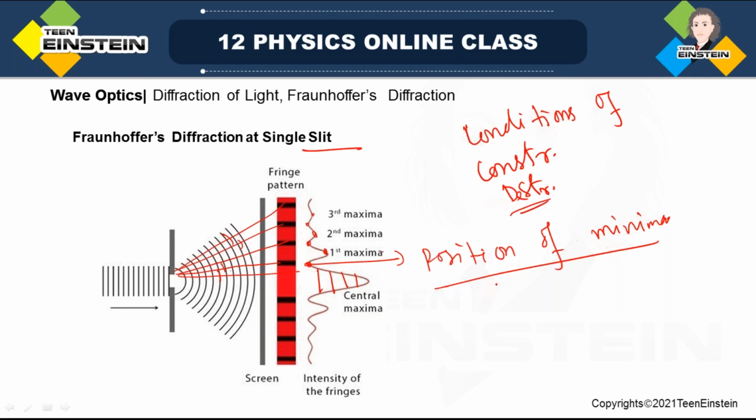Similarly here we will be learning what are the conditions for diffraction minima, and what are the conditions for diffraction maxima, secondary maxima, and from there we will be able to find out the positions as well as the width of each central maxima. We can find out what is the width of central maxima, then other secondary maxima and minima as well. So this is our main purpose or aim of the class today.